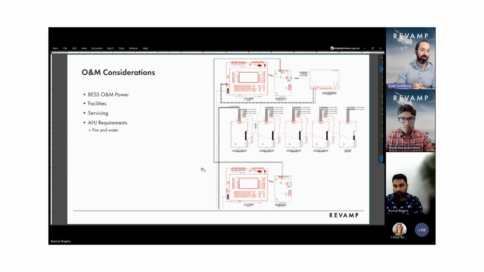And talking about some of those O&M considerations, like the power, et cetera. Depending on your technology provider for your batteries, it will depend on if they have contractual requirements or manual requirements for O&M power. So perhaps you need to build an O&M office or warehouse for storing or housing the manufacturer's support staff.